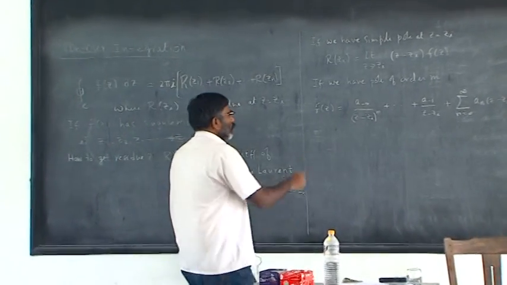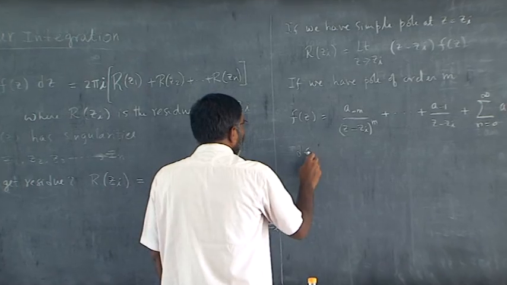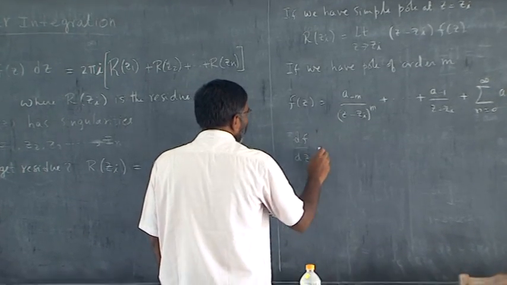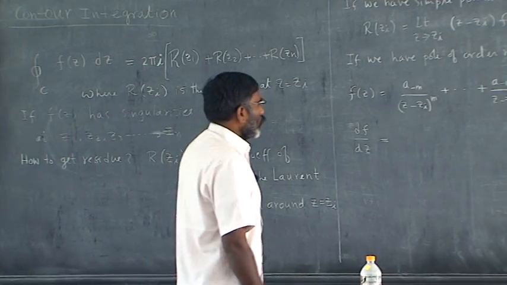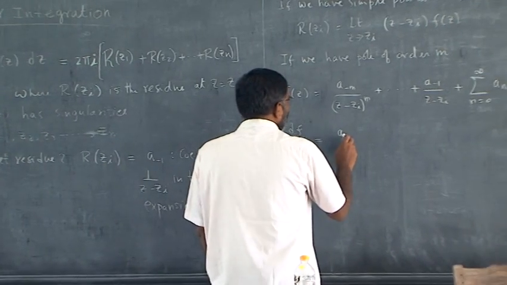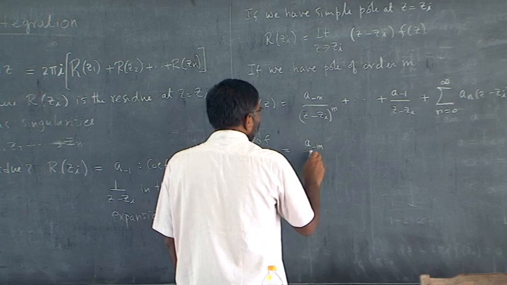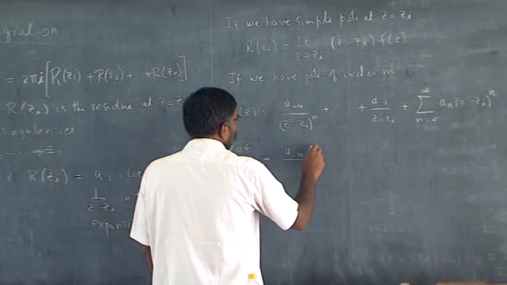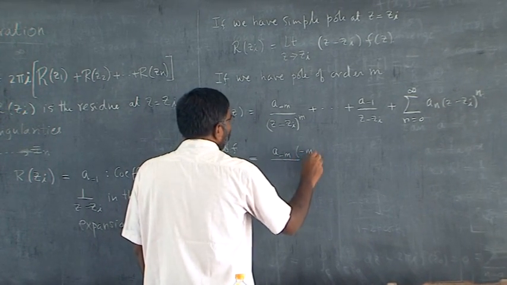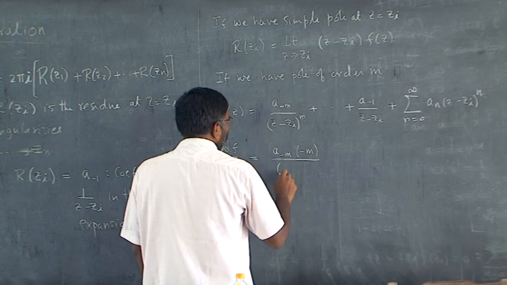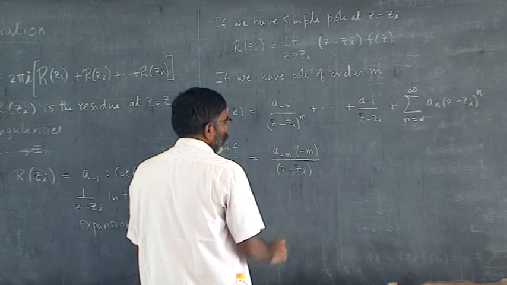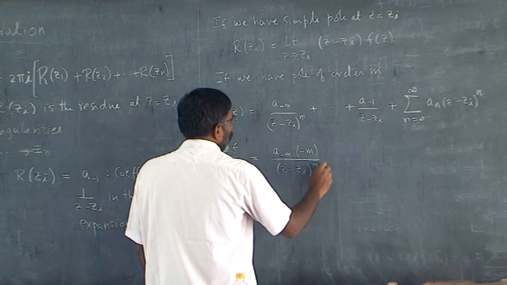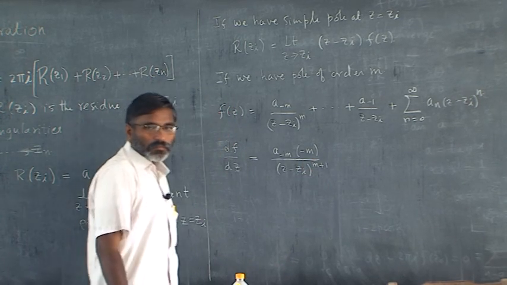So what will I have if I write df by dz? df by dz is a to the minus m divided by minus m, z minus zi to the power m plus 1.